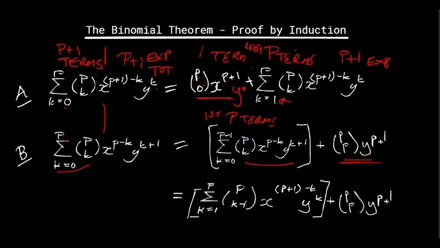Okay, and then here's one term right here. Okay, so our total is still p plus 1 terms, and the exponents all add up to the same thing. But what we've done is we've taken a bite out of each equation. Here we've taken a bite out of the beginning of the equation and set it aside as its own term.